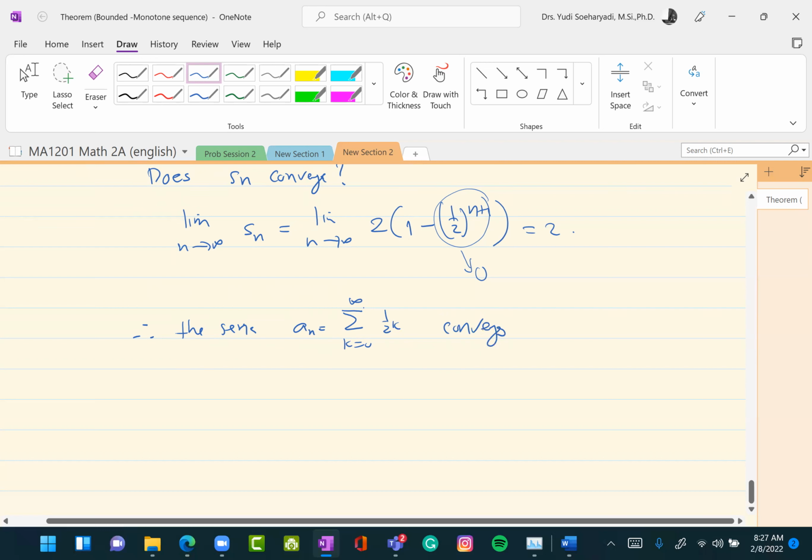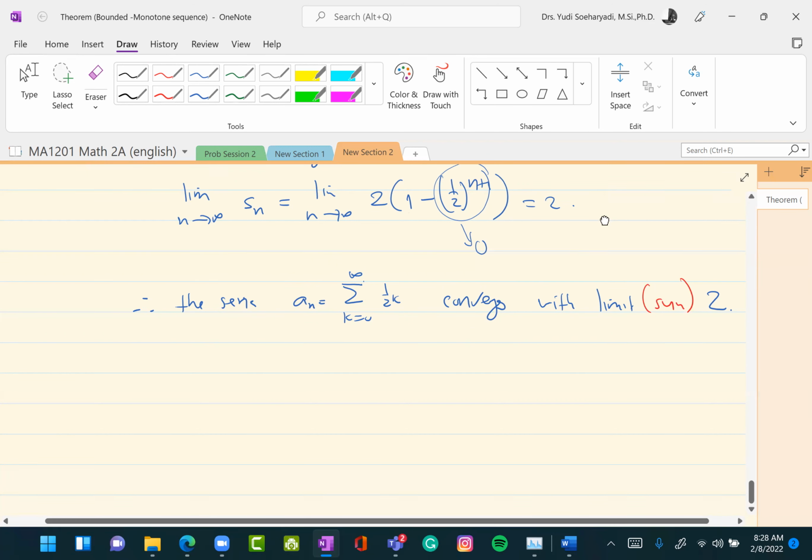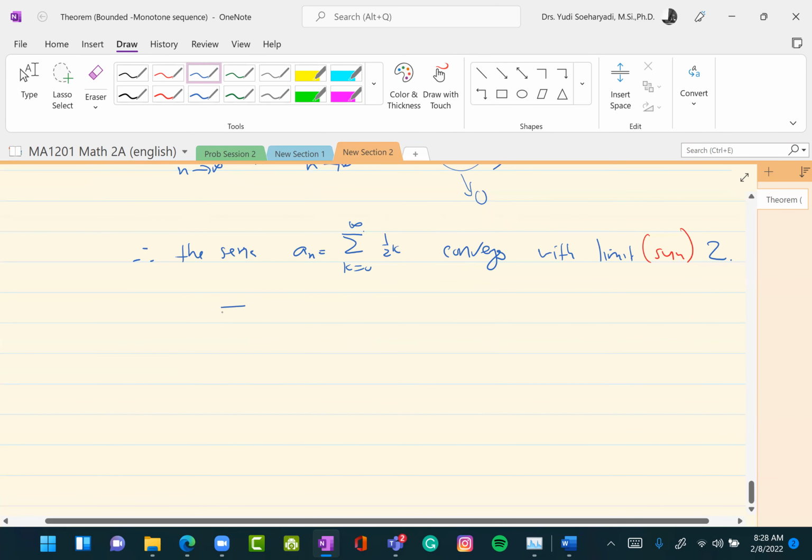This should converge with a limit, or we call it the sum, 2. So we say in this case, okay, this is actually this limit.